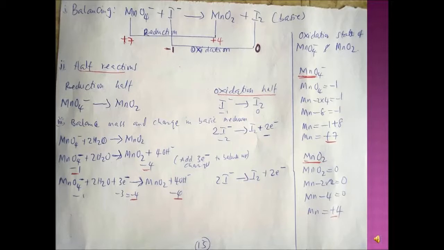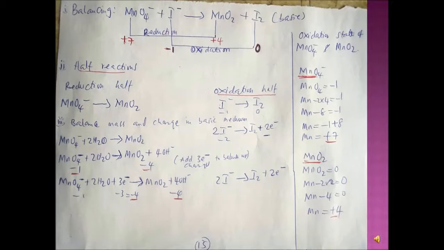So that means the reduction half is the manganese group, while the iodide group is our what? Oxidation half equation, because we go from -1 in iodide ion to 0 in iodine molecule. So separate them into the 2 half equations, the reduction half and then the oxidation half.